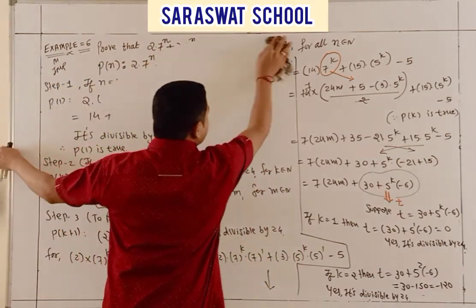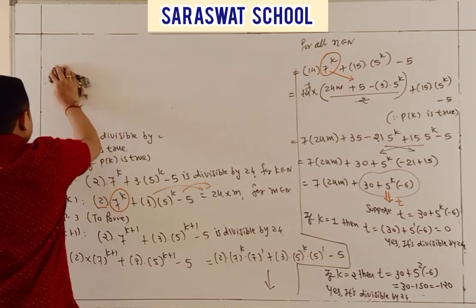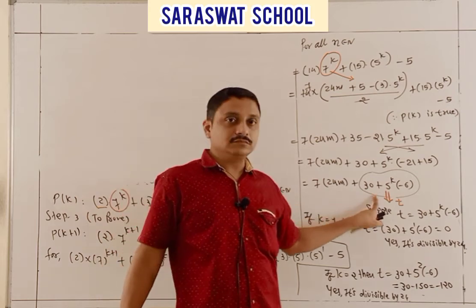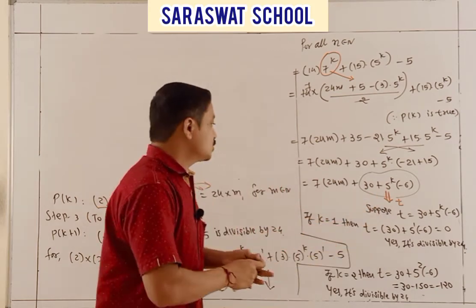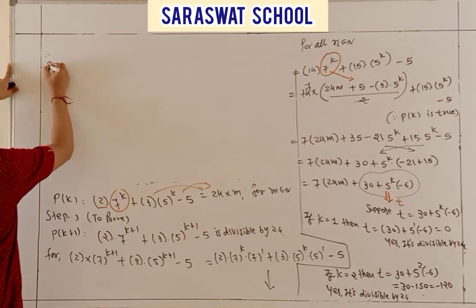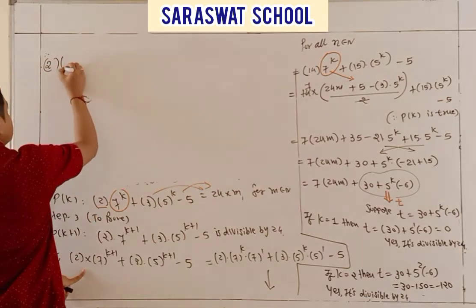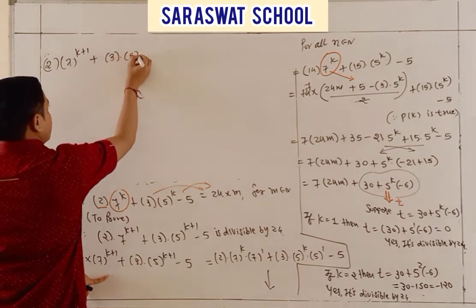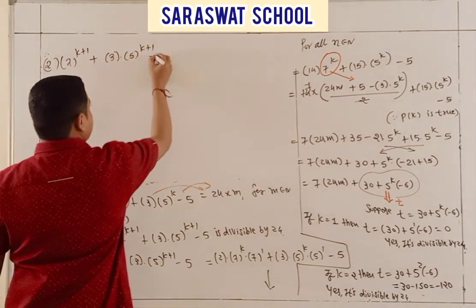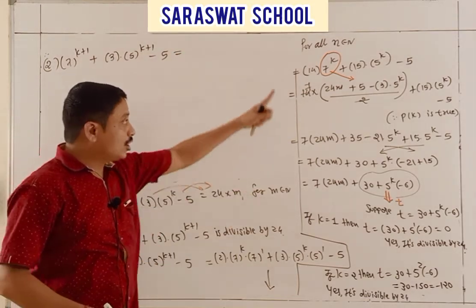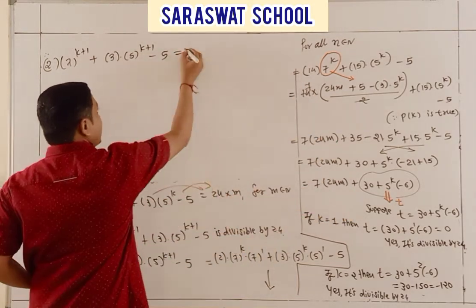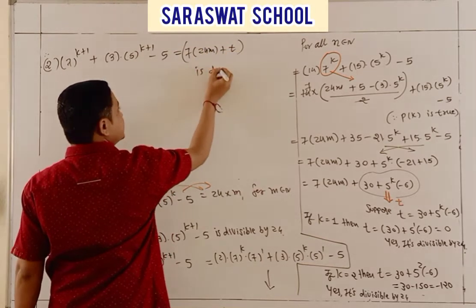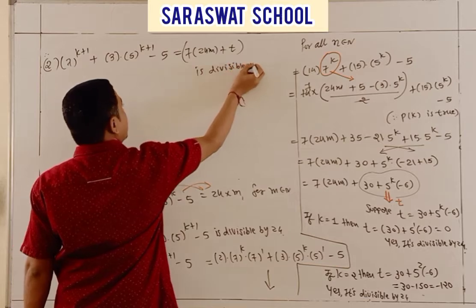It means finally, students, what we derive? We derive this value is divisible by 24. So finally, I write down 2 into this statement again: 7 raised to k plus 1, 3 into 5 raised to k plus 1 minus 5 is equal to, after all these steps, 7 into 24m plus 3 is divisible by 24.